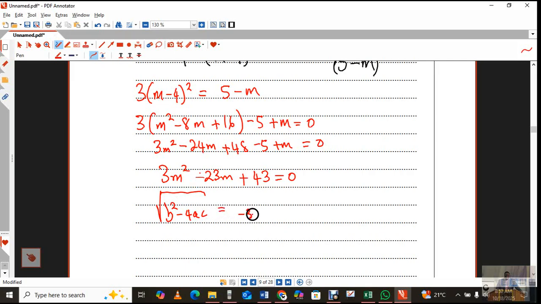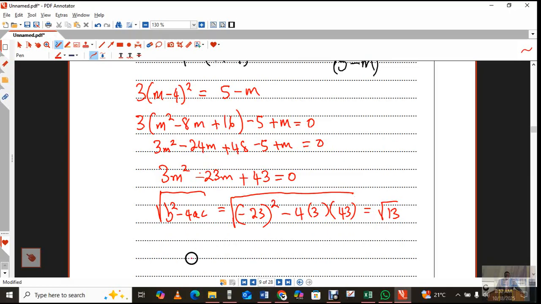So I know that b is minus 23. I'm going to square that, minus 4, the a is 3, and c is 43. If I were to do this on the calculator, it gives me the square root of 13.